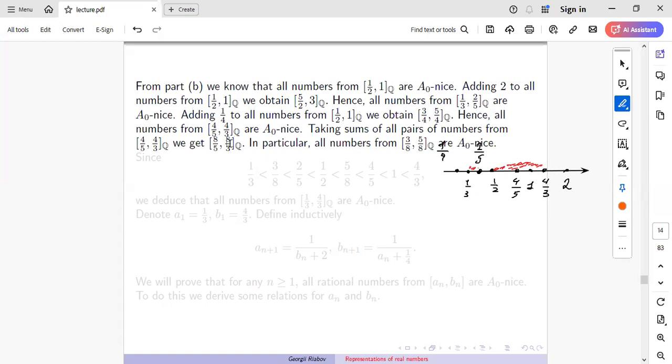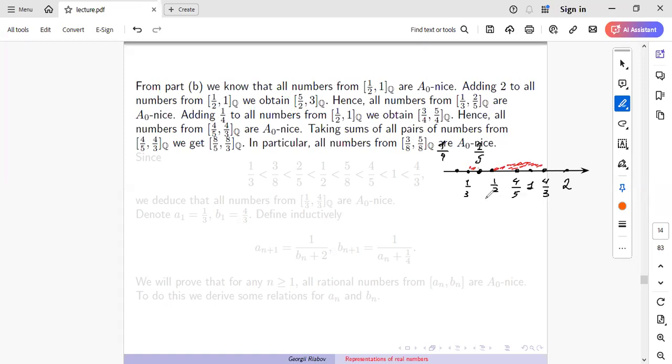We get all rational numbers from segment 8 over 5 to 8 over 3. And now take reciprocals and get all rational numbers from 3 over 8 to 5 over 8.